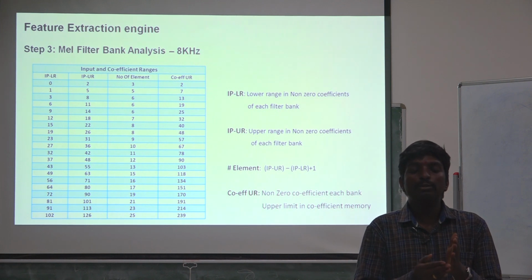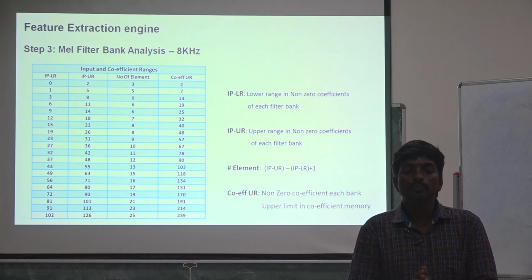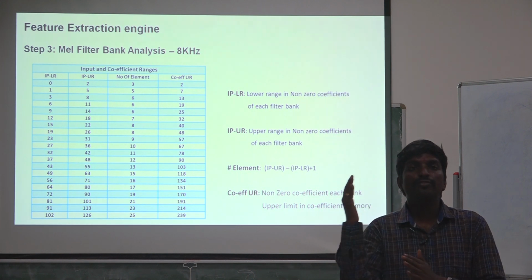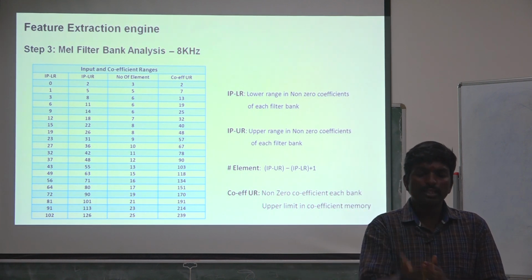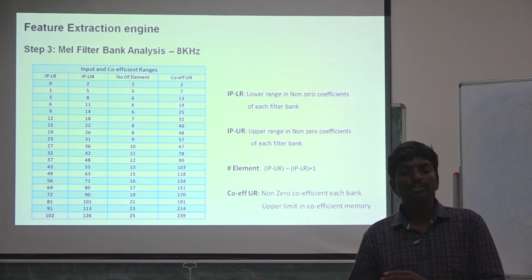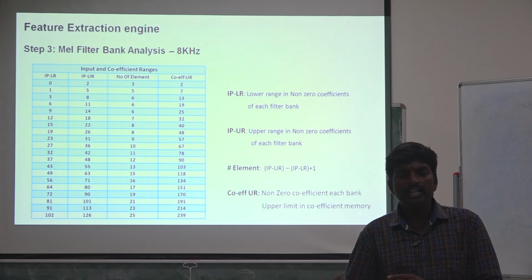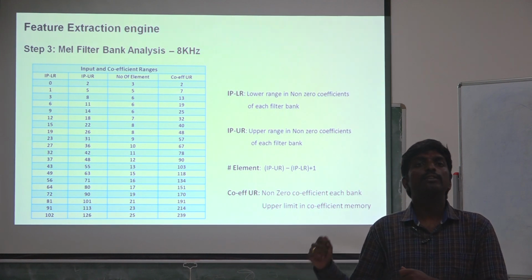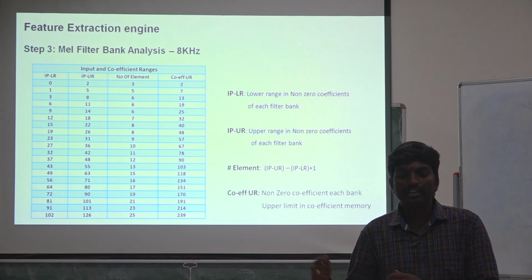I need the elements 0, 1 and 2. So the 0 coefficient will be read with the 0 coefficient of the FFT magnitude. The first coefficient in the Mel bank will be read with the first coefficient of FFT. Similarly, the second coefficient of the Mel bank will be read with the second coefficient of the FFT function.